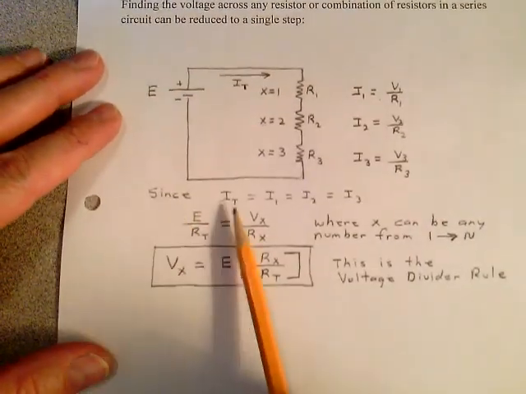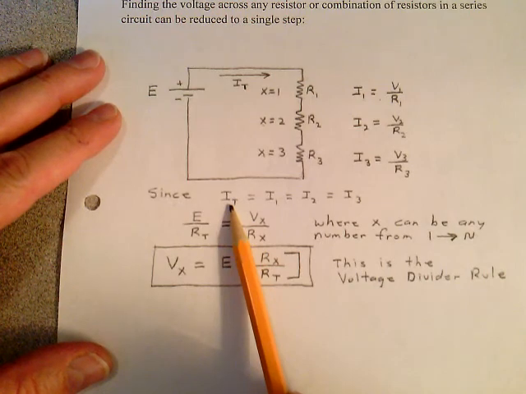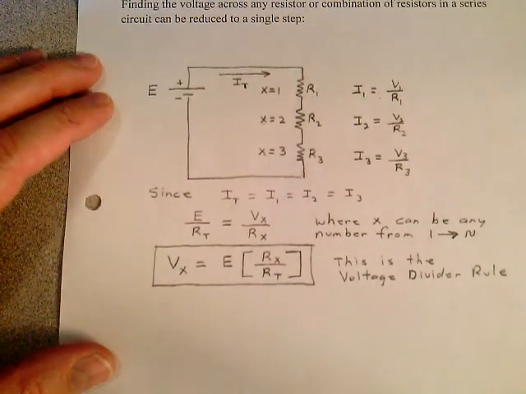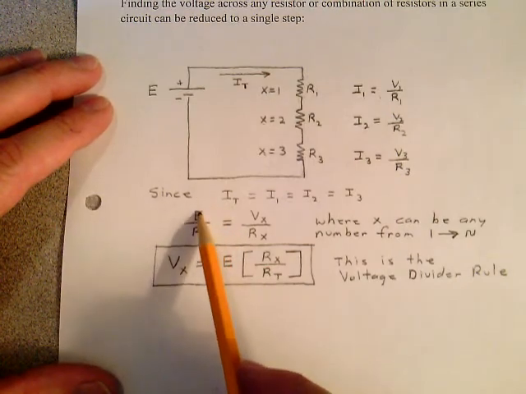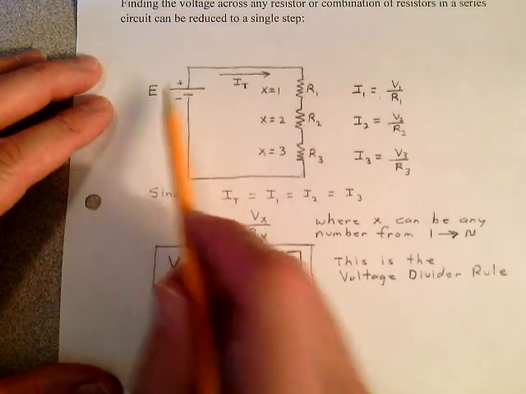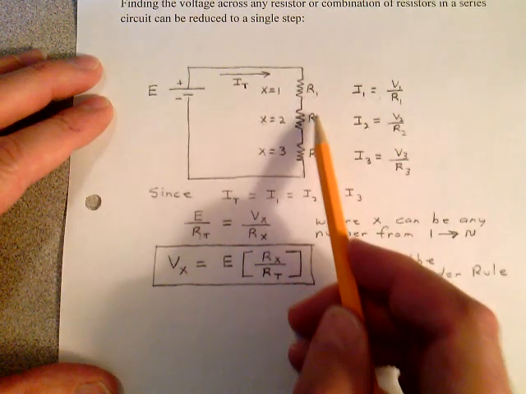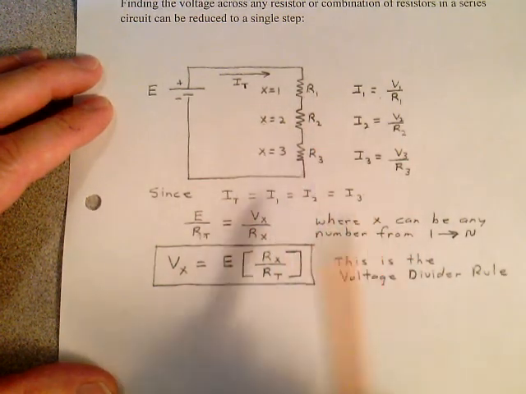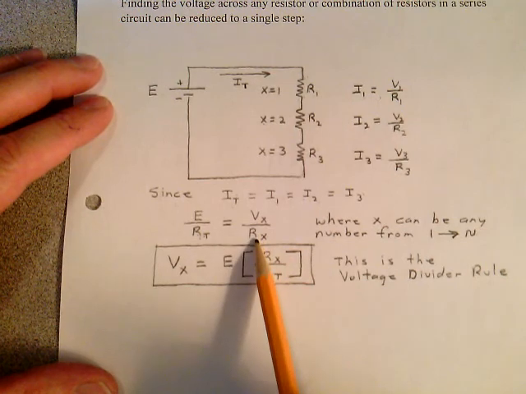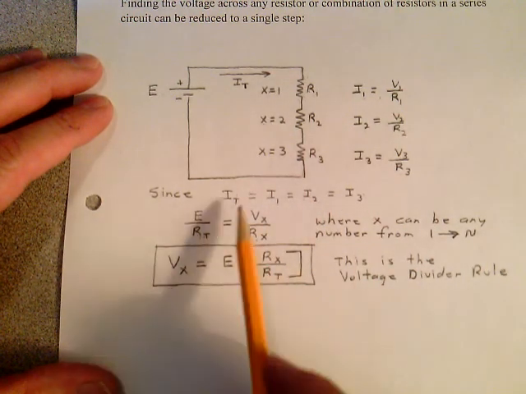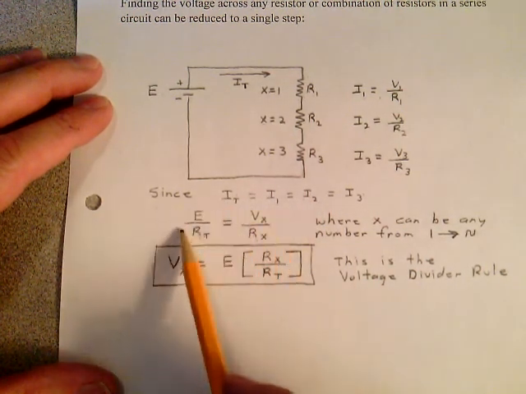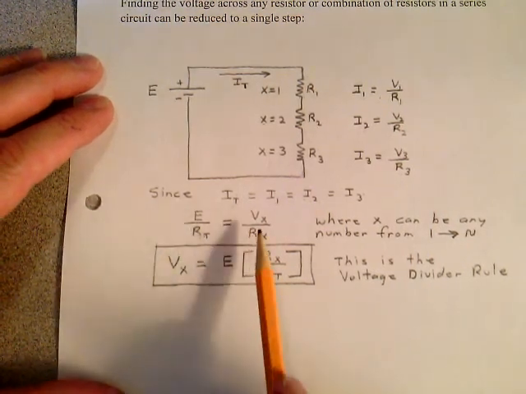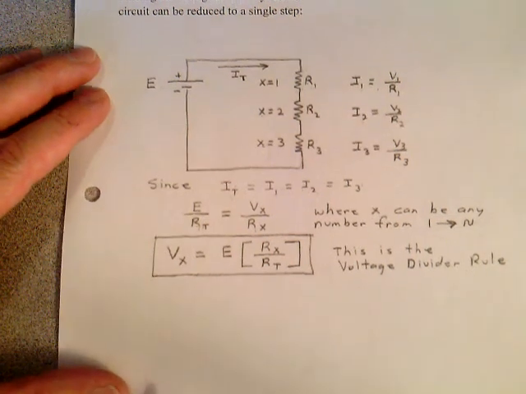Well, since the total current is equal to I1, is equal to I2, is equal to I3, you can say that the total current, E over the total resistance, this plus this plus this, and pick any one of these, Vx over Rx, because these are all the same. So just take a look at this and make sure you understand how I get this equation. That's fundamental in understanding how the voltage divider rule is going to work on this next page.